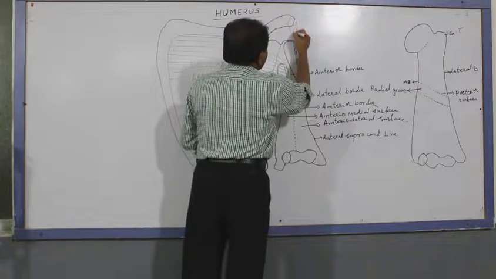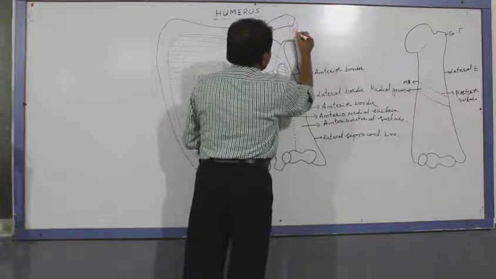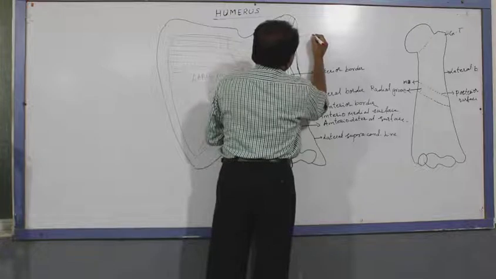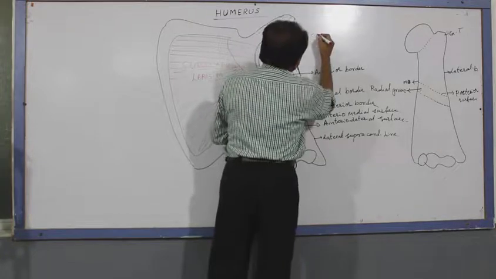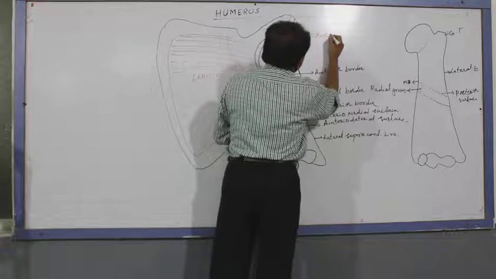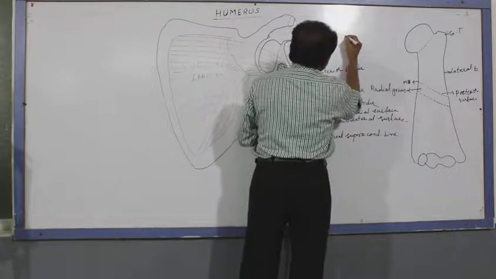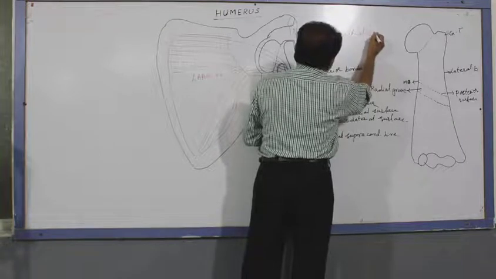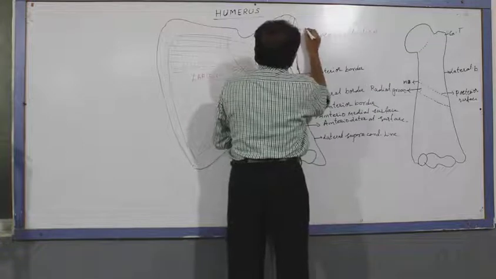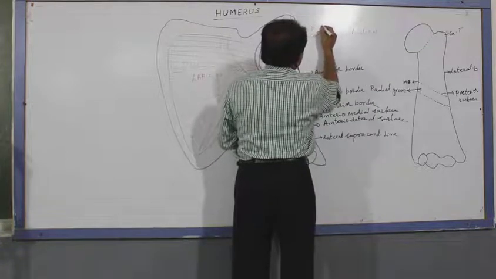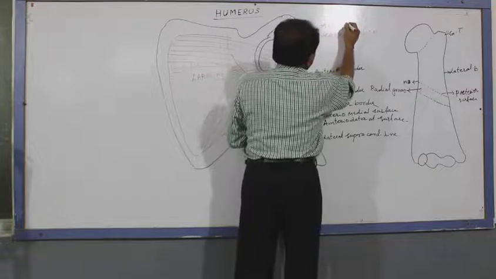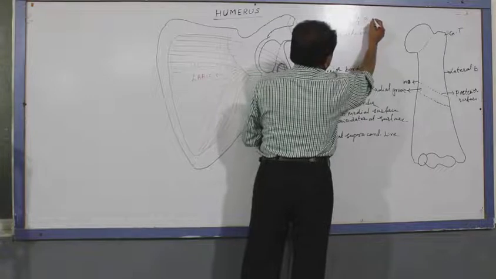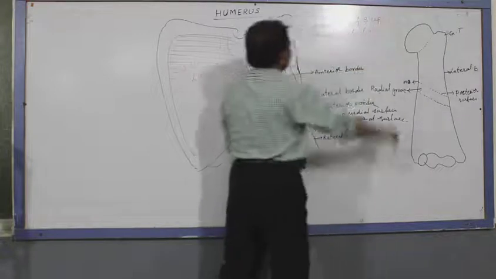This one is the coracobrachialis, and this one is the short head of the biceps brachii muscle.